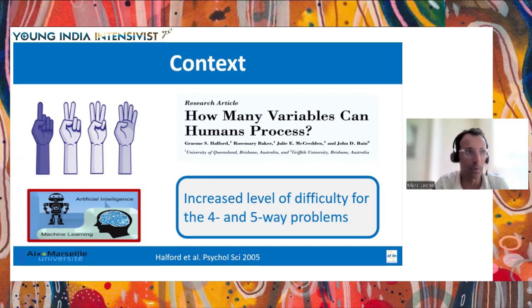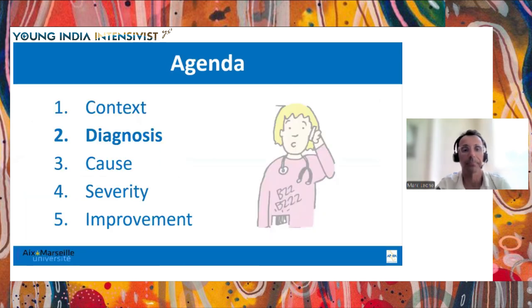So that's very important. As you can see, artificial intelligence and machine learning should be included in the process of clinical examination. It is not in competition with clinical examination. It should be part of the clinical examination to save time and to be more comfortable with the high number of information we can have in a medical record.